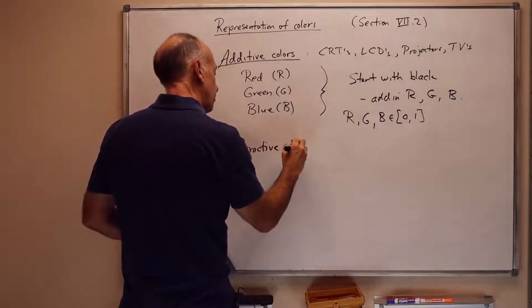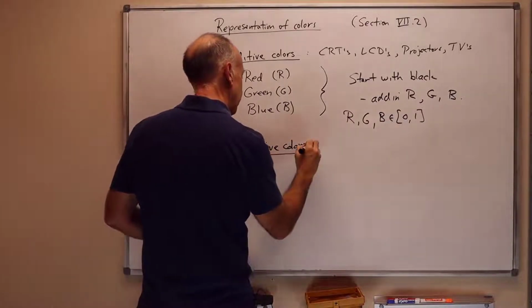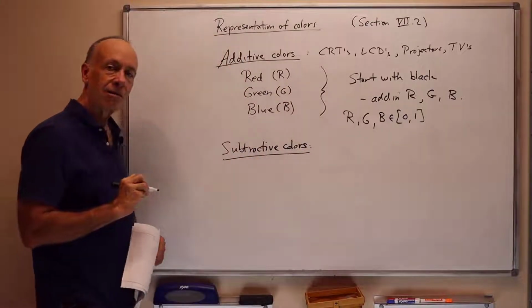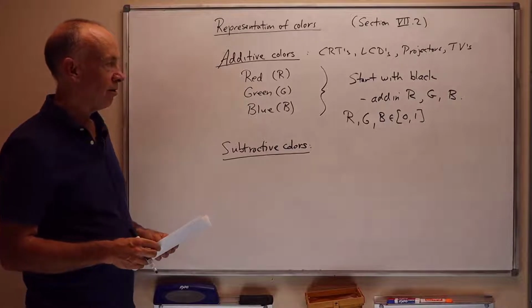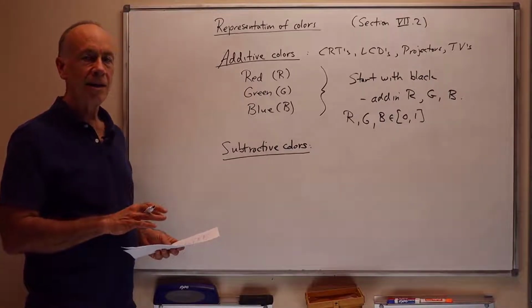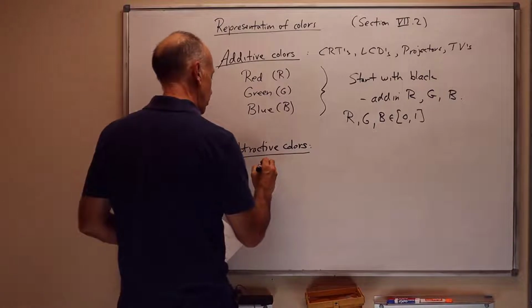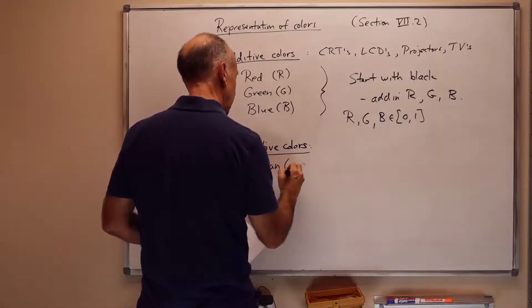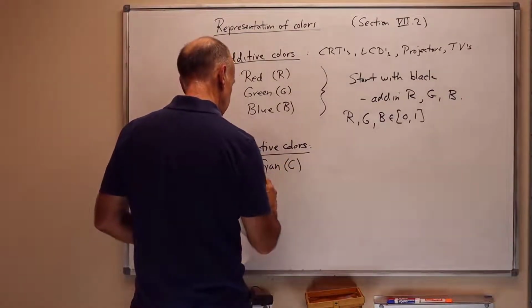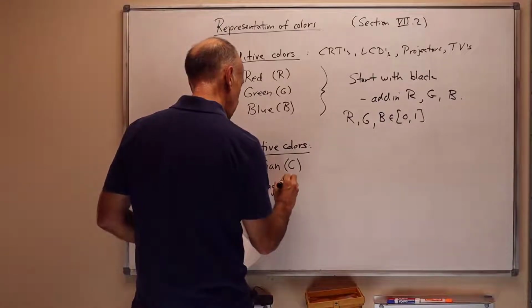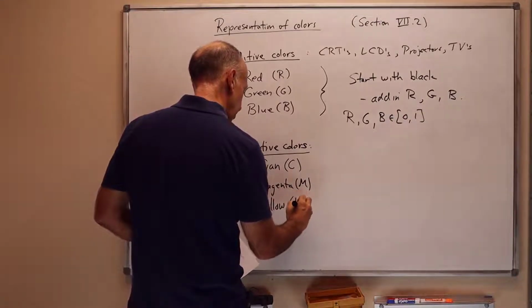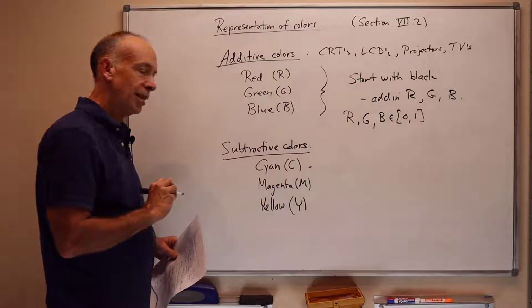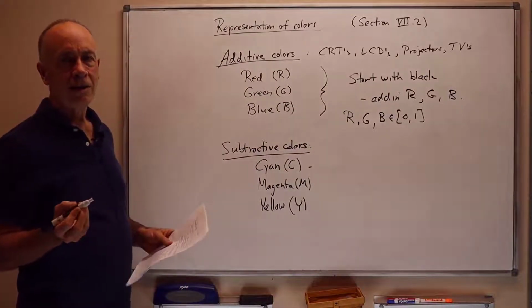If you've worked in photography or film, for instance, or printing in general, you might have come across subtractive colors. In subtractive colors, we start with white and we subtract out certain colors. The colors we use for subtracting out are cyan, denoted C, magenta, denoted M, and yellow, denoted Y. Cyan, I'll show you an image in a moment, looks like a light blue.